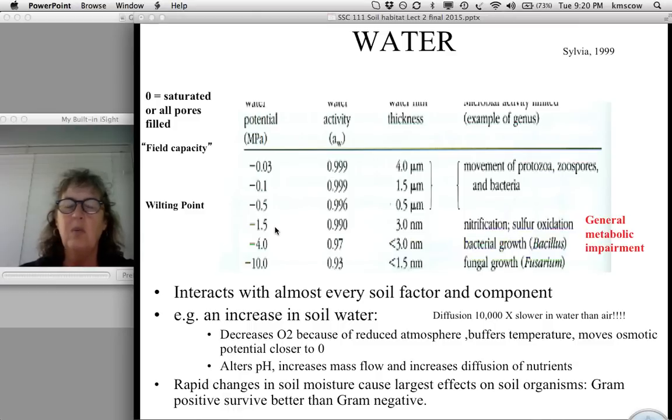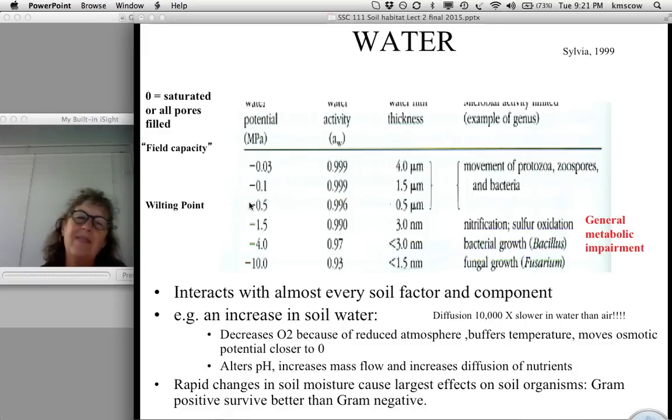Even as the water potential gets more and more negative, going to like minus 10 megapascals, you still will have some activity of fungi. You may have some bacteria dropping off, but you still will have some fungal activity. At the wetter soils, we're going to see more protozoa and zoospores and generally more bacteria. And they're going to drop off, especially protozoa and zoospores, these motile organisms, at much lower moisture contents in soil.